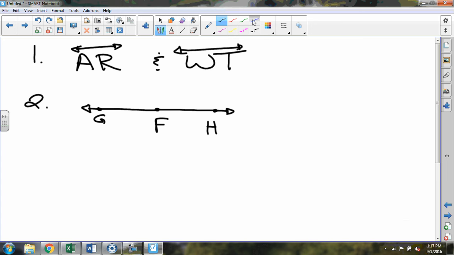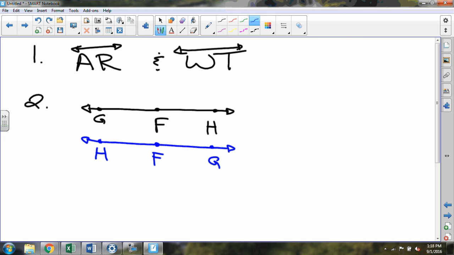All right, the question just got asked, does it matter if the H is on the right or the left? If we had drawn it like this, we don't have a problem, because they're still opposite rays, but F is still in the middle.